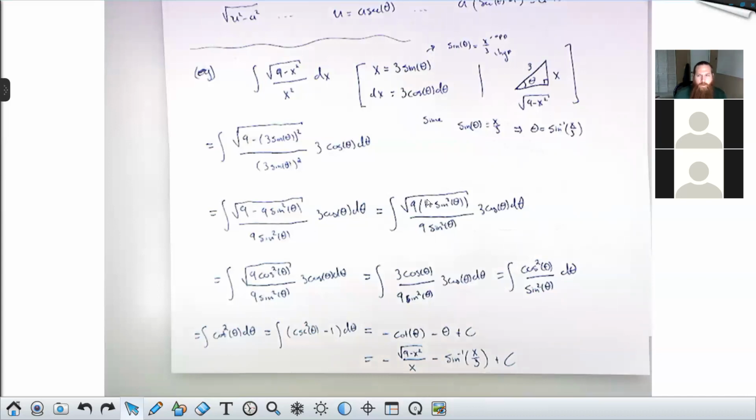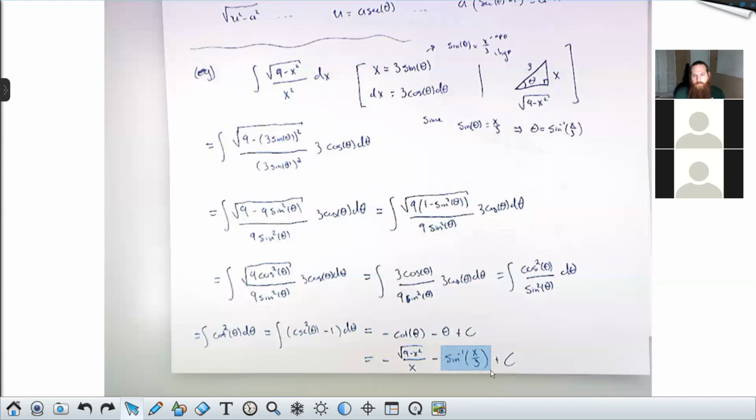Help me out a little bit, I'm having a hard time hearing you. Which piece are you looking at? Call this line 1. The bottom, the last line. This line? No, the bottom. Okay, yeah, that one. And you're asking what is the inverse sine? x over 3.